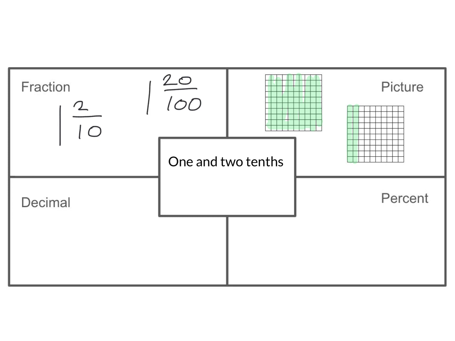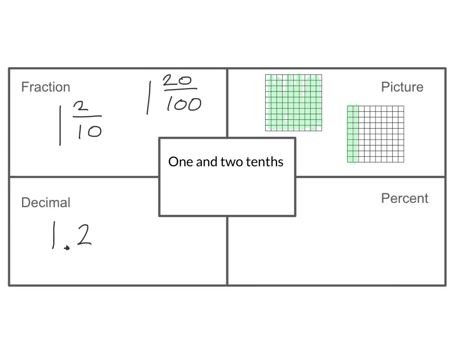Then if I want to think about that as a decimal, I can think about this in a couple of ways. I know I'm going to start with my 1. When I say 2/10, I'm reading the word 1 and 2/10. That means that I am putting 2 in the tenths place. The tenths place is a place that comes after the decimal point. So that's how I can change it into 1 and 2/10.